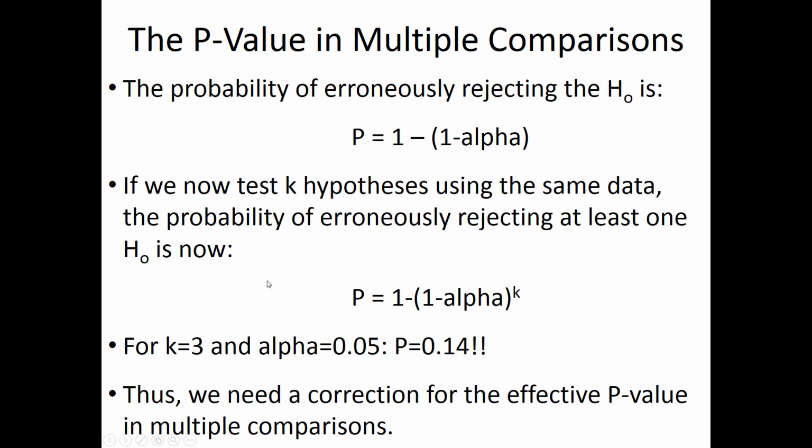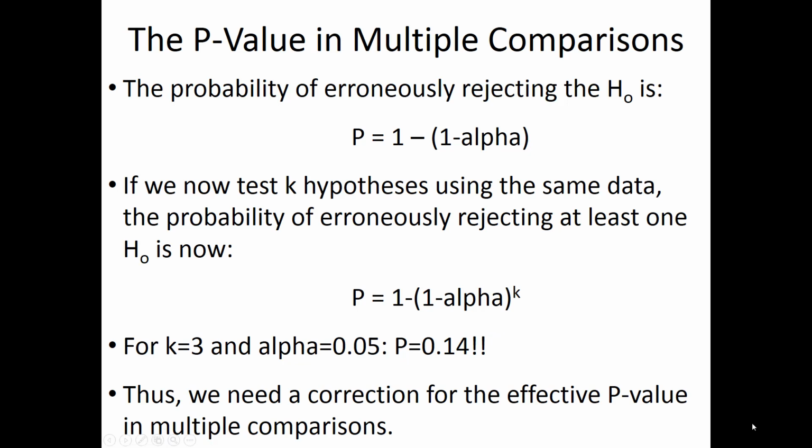Thus, if we are going to perform 3 tests with a tolerance for error of 5%, then our p-value, or our actual alpha, becomes 14%. Thus, we need a correction for the effective p-value in multiple comparisons.